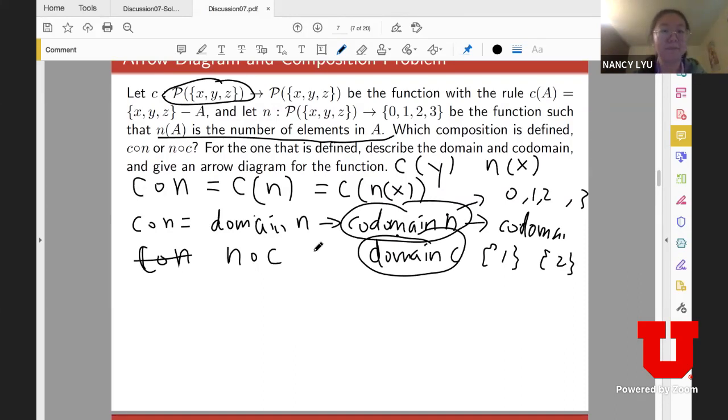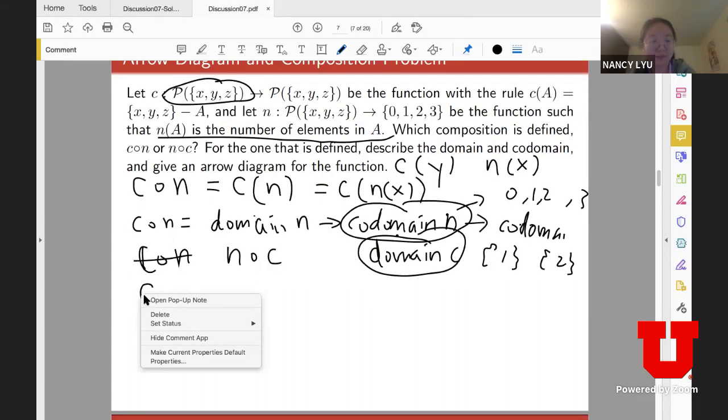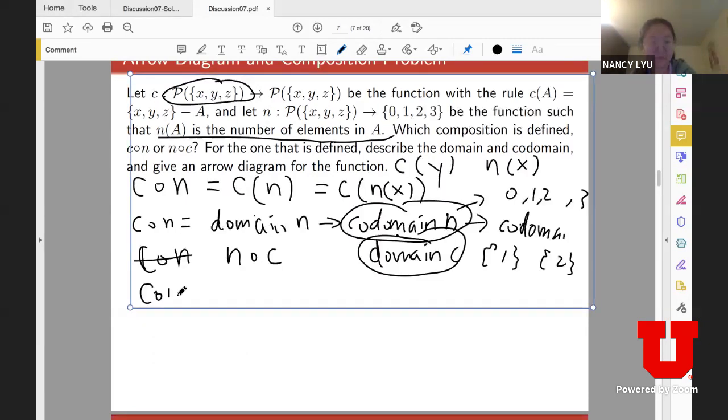Does that make sense? Can you repeat that one more time? Yes. Imagine we're doing CN. This means we first compute the number of elements in A, which is just a number, either 0, 1, 2, or 3.